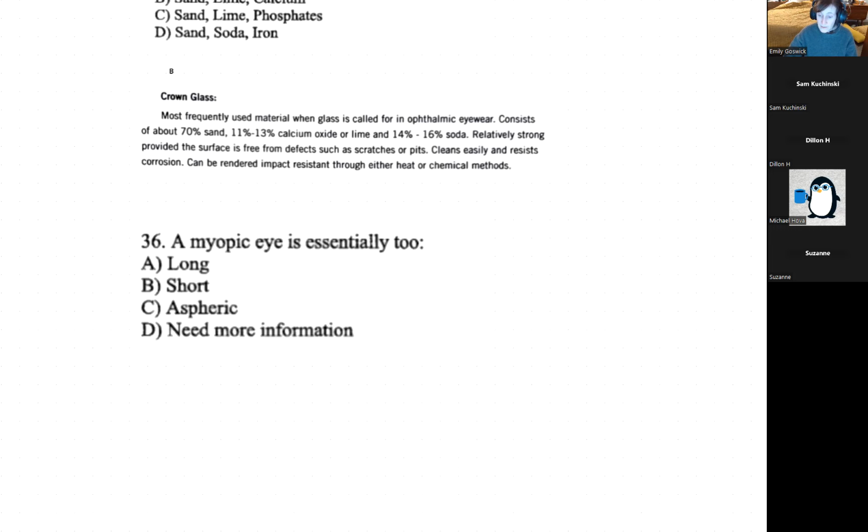So you could think about myopes as having more of a bean-shaped eye, and hyperopes as having more of a squished eye. Okay, so I'll just put an M and H, but those are good things to know.